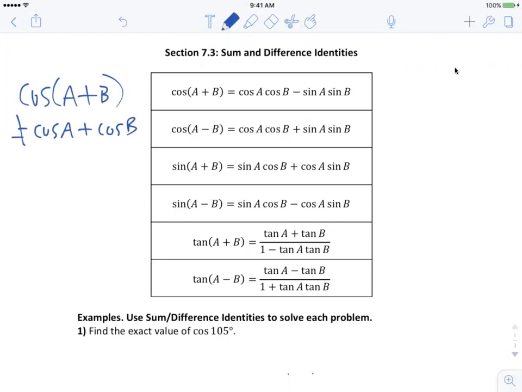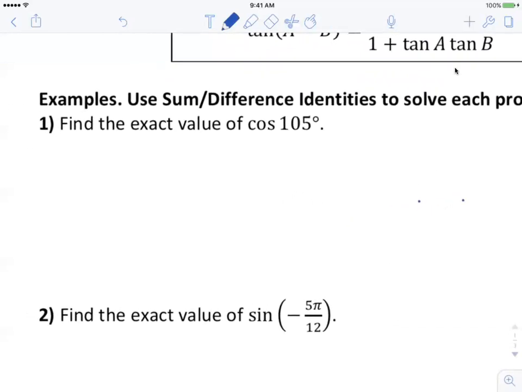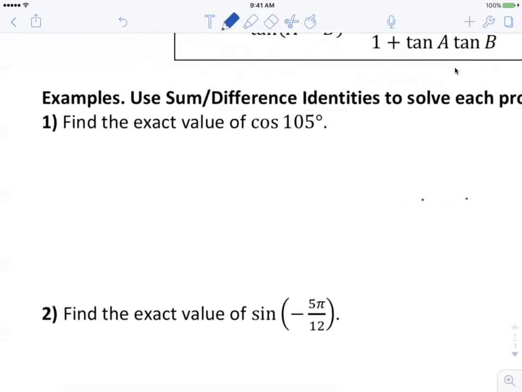Okay, so the first type of example we'll do using these is number one down here. Find the exact value of cosine of 105. Notice 105 is not on the unit circle. So we have to think about breaking up 105 so that we do have values that appear on the unit circle from chapter 5. 105 can be broken up into 45 plus 60, right?